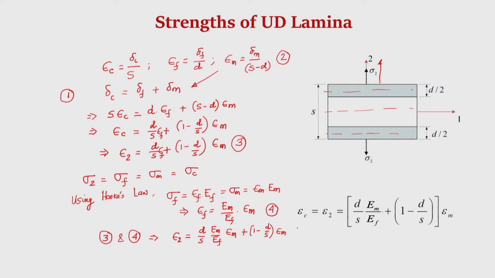And therefore, this could be written as epsilon 2 is equal to this. So, this is our equation number 5. So, we obtain an expression for transverse strain in the composite in terms of the transverse strain in the matrix, the moduli of the matrix and the fiber, and the relative spacing d by S, which is the relative dimensions of the fibers and the matrix.